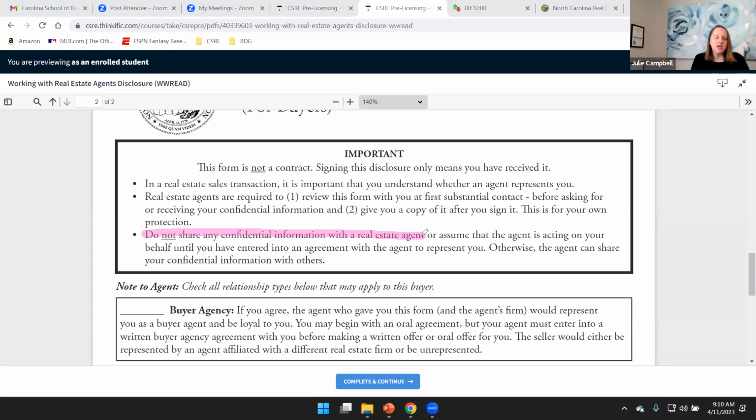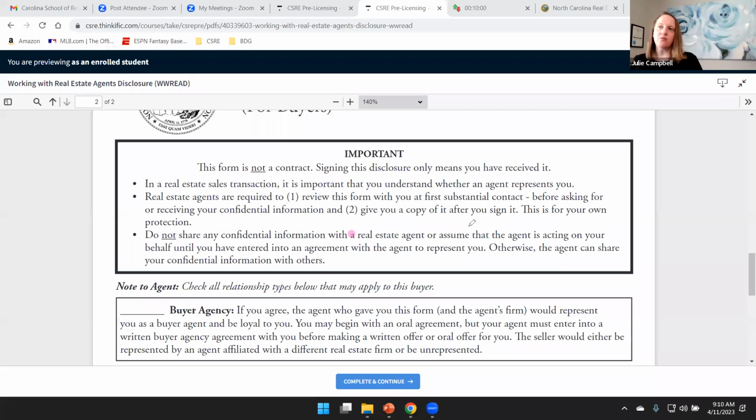But the big part of this form is to make sure whether I represent anybody or not, do not share confidential information with an agent. Does that say me? Does that say with any agent? Let's make sure we're good with that. Don't share confidential information with a real estate agent. That's not specific to me, is it? That's me, that's you, that's any agent out there.